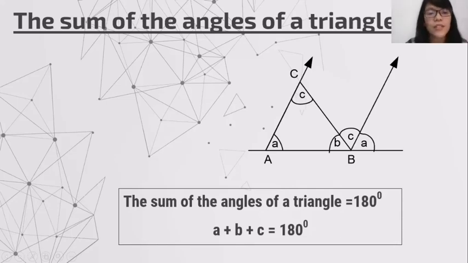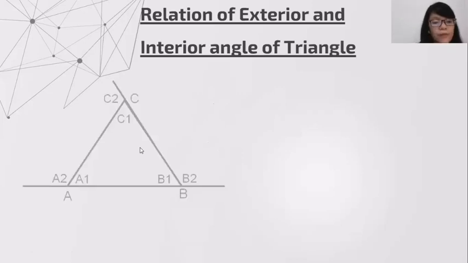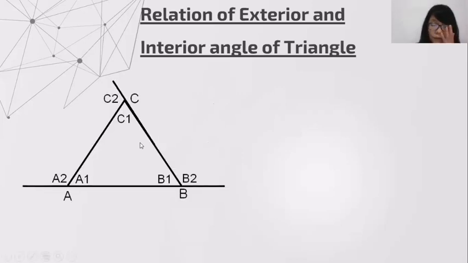Okay, so that is the sum of the angles of a triangle. We move to the relation of exterior and interior angles of a triangle. Interior and exterior, we already learned about interior and exterior angles in the chapter on angles and transversals. So if I have this figure, which one?